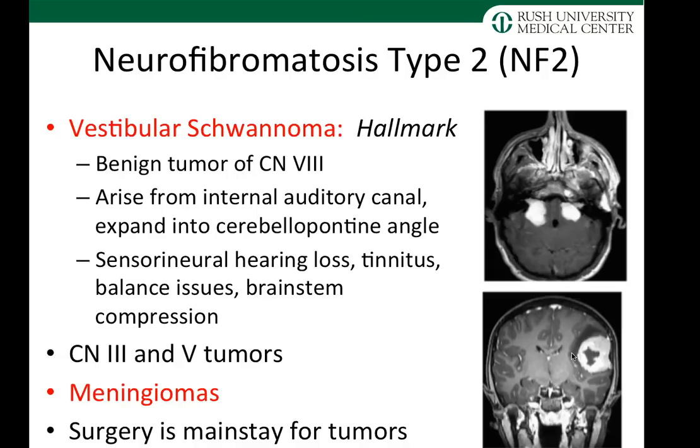So the hallmark tumor of neurofibromatosis type 2 is a vestibular schwannoma. This is a benign tumor of the 8th cranial nerve and arises from the internal auditory canal expanding into the cerebellopontine angle. Patients will present with sensorineural hearing loss, tinnitus, balance issues, and brainstem compression.